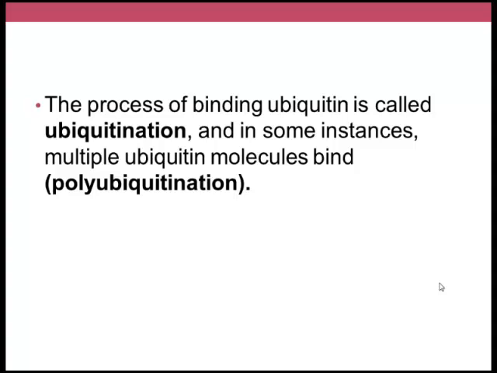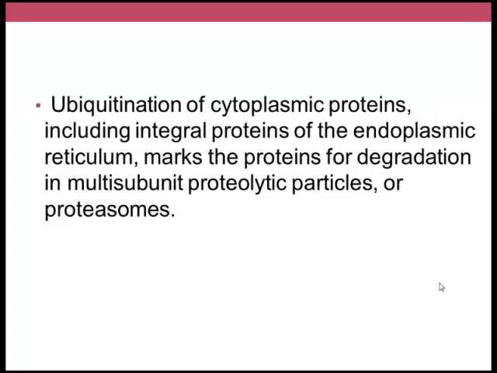So if a single ubiquitin combines with the target protein, it's called ubiquitination, but if multiple molecules join the process, it is called polyubiquitination. Ubiquitination of cytoplasmic proteins, including integral proteins of the endoplasmic reticulum, marks them for degradation in certain particles called proteasomes.